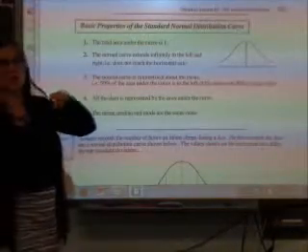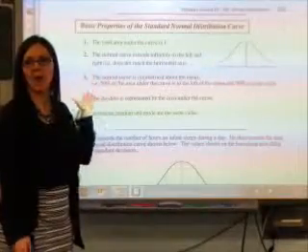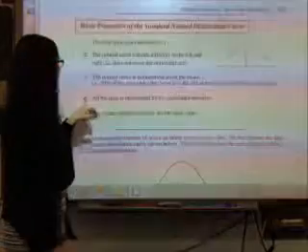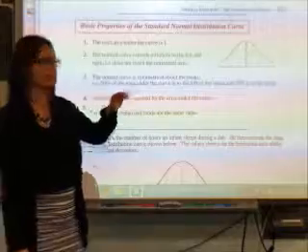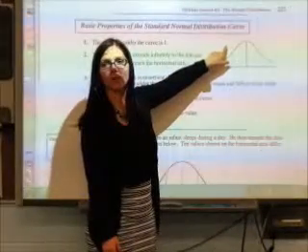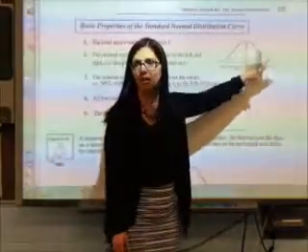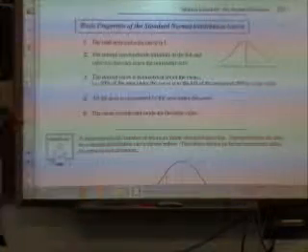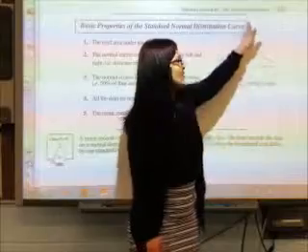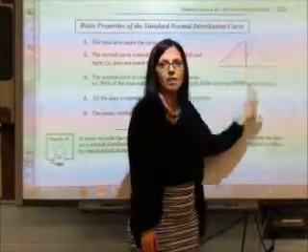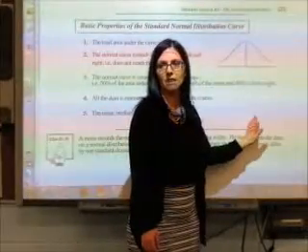It's symmetrical about the mean, meaning 50% is on one half and 50% on the other half. All the data is represented by everything that's under the curve, so I'm not going to have a data value up here. They're all going to be underneath this curve. And the mean, median, and mode end up being the same value, which is right here. This represents the mean of the data, the median of the data, and the mode of the data.